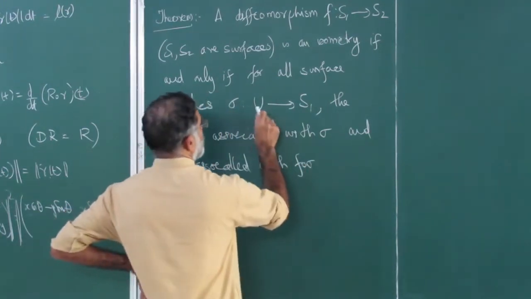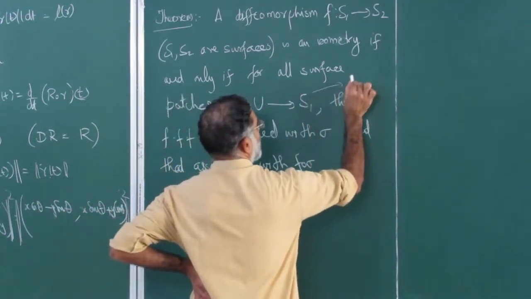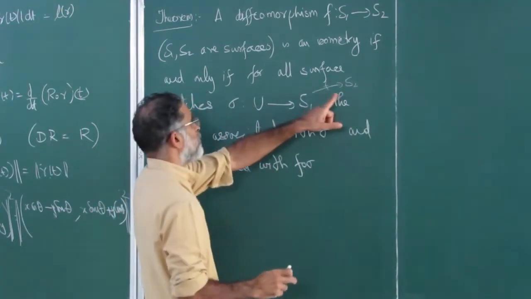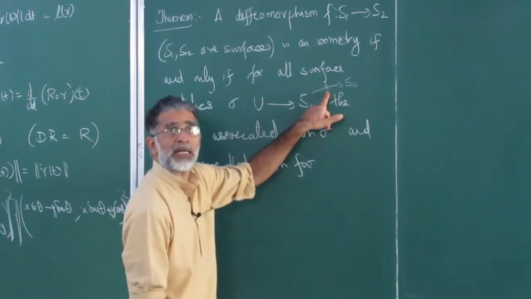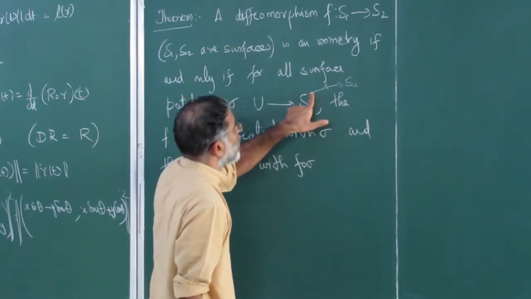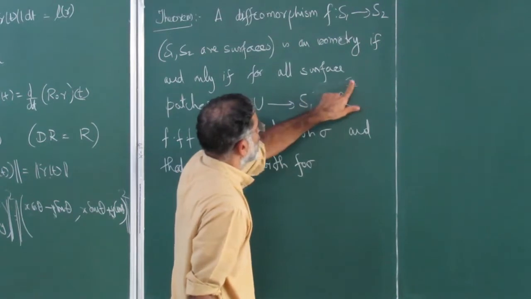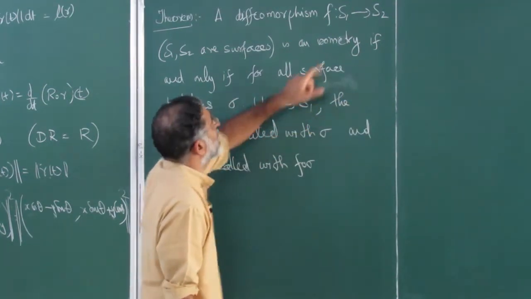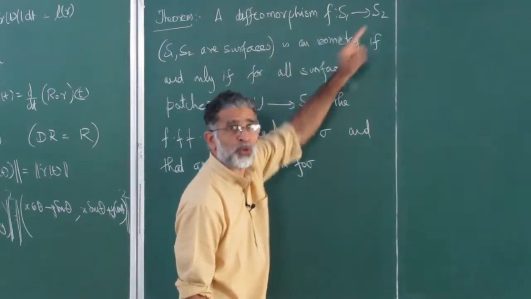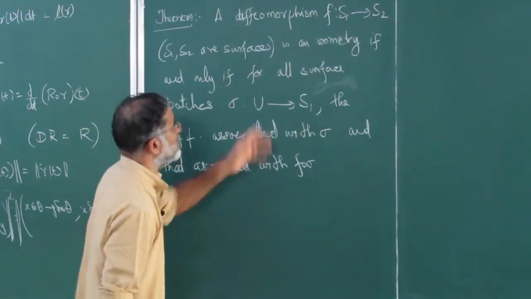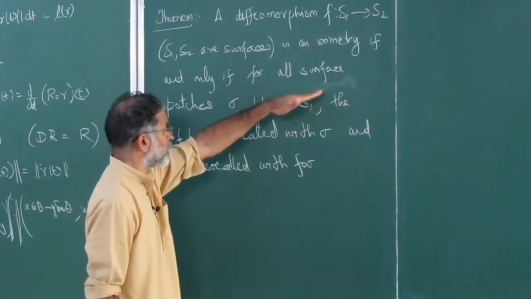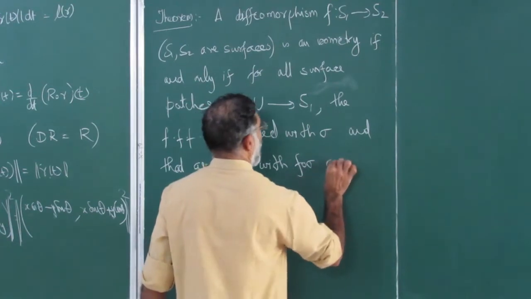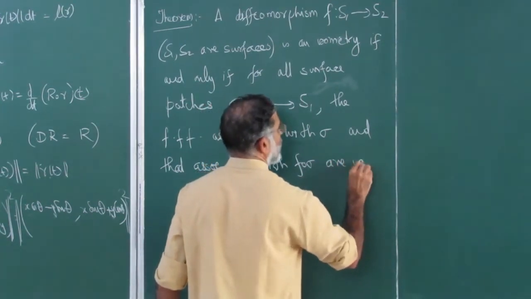See, if you have a surface patch here, then you put S2, F, then F is a diffeomorphism, which ensures that F composite sigma is also a surface patch on S2. So given any surface patch on S1, immediately this will give a surface patch on S2. So the first fundamental forms you get for that surface patch must be identical.